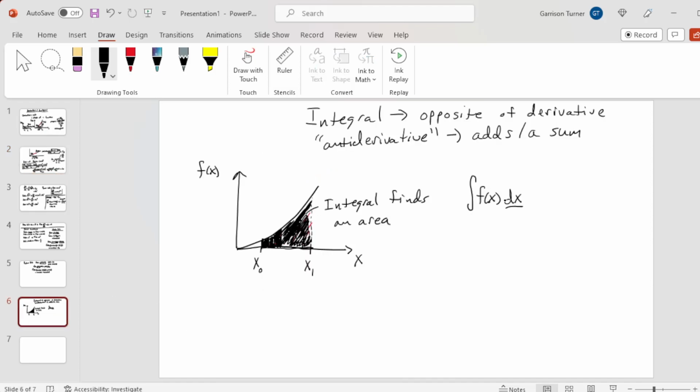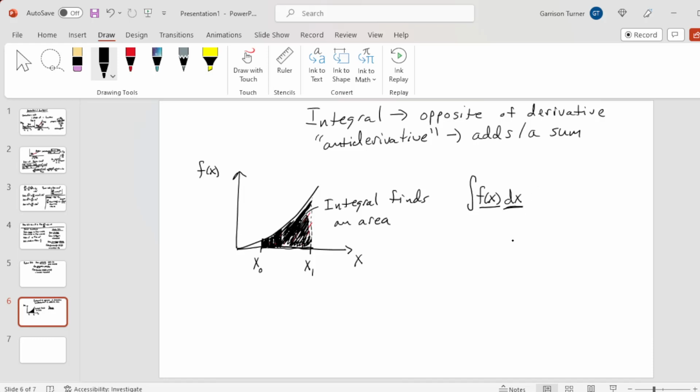So what this says is evaluate your function at a given point, multiply it by a really, really tiny width to get an area, and then the integral sign says do that for an entire given interval, and that will represent the sum of all of the little tiny areas that you have calculated.